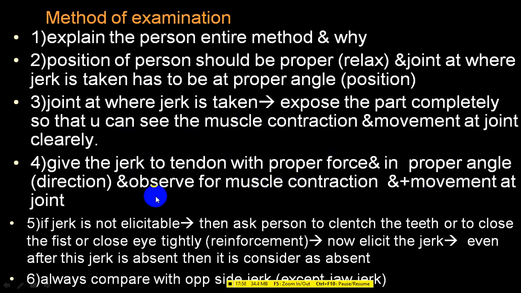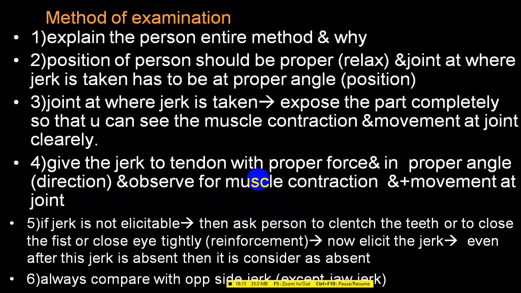movement at the joint. If the jerk is not elicitable, then you can ask the person for reinforcement. When you are eliciting the upper limb, you can ask the person to reinforce by clenching the teeth or closing the fist or closing the eyes tightly.